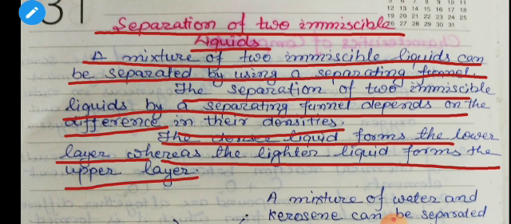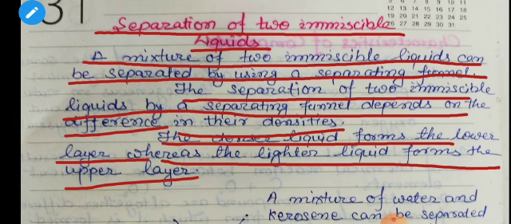You might have seen, if you mix two immiscible liquids like oil and water, oil is lighter, and being lighter it will form the upper layer or the layer at the top, whereas the lower layer will be formed by the water.